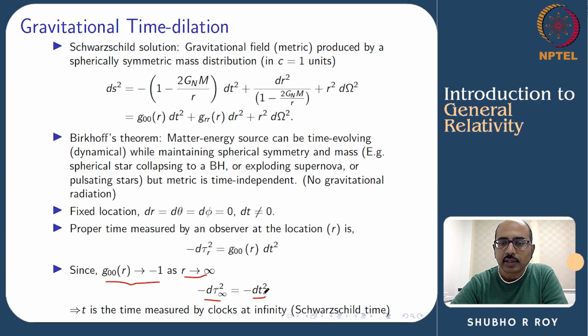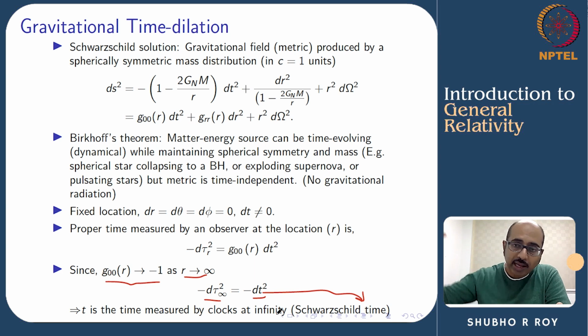This coordinate t is called the Schwarzschild time. So the Schwarzschild time corresponds to time measured by clocks at spatial infinity, at r equals infinity. The rate at which those clocks tick is the same as the Schwarzschild time. So the Schwarzschild time describes the proper time for clocks at infinity.